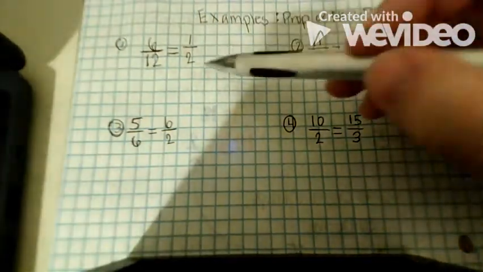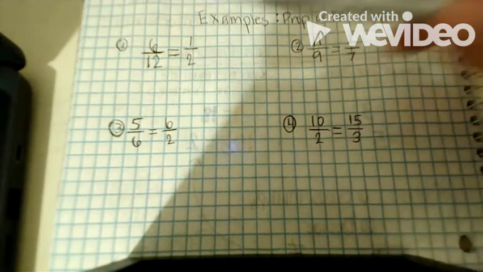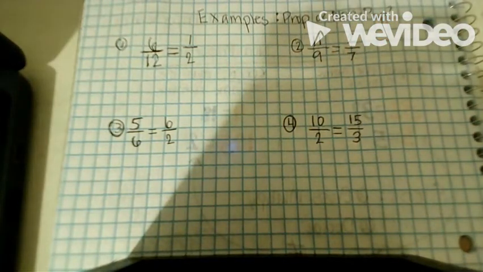Okay, so you're cross multiplying and seeing if they equal the same number. If they do, they're proportional. If they don't, they're not proportional. Okay, go ahead and pause this video, and then when you play, I will be able to show you the answers.